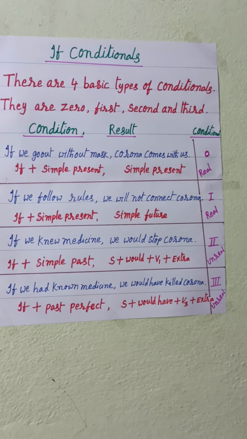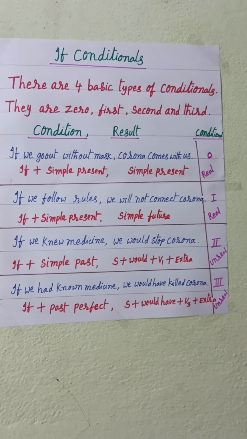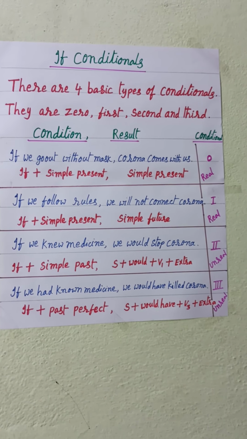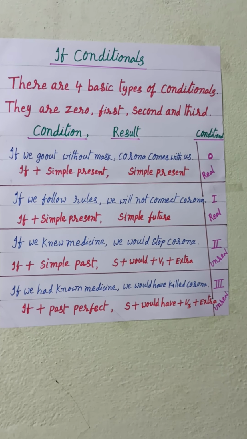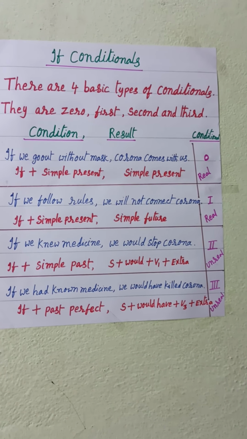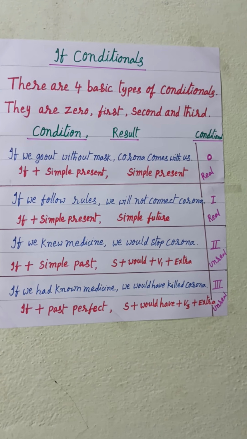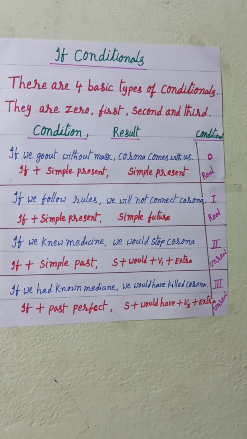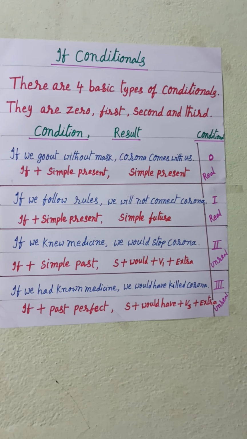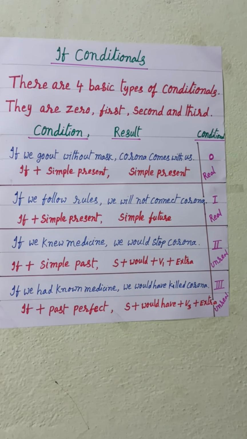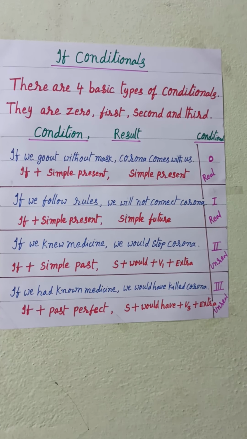First condition, for example, if we follow rules, we will not catch Corona. Full stop. If we follow rules, comma, we will not catch Corona. Full stop.